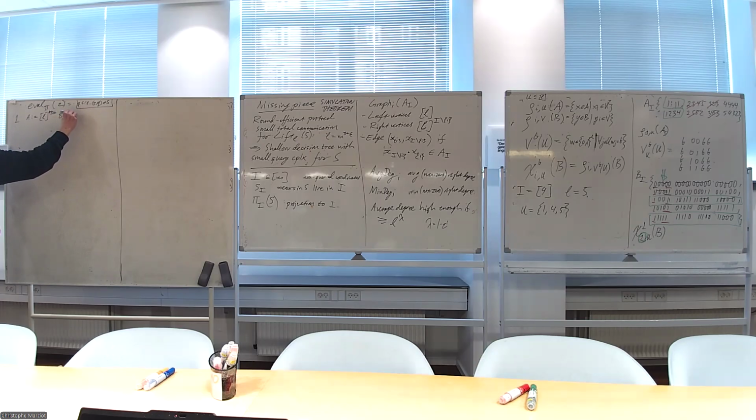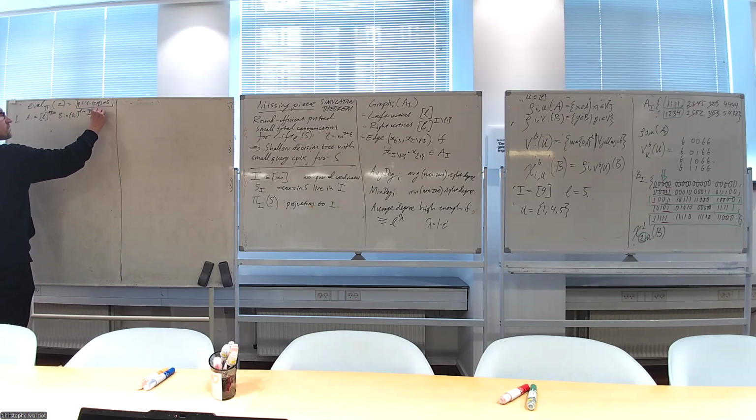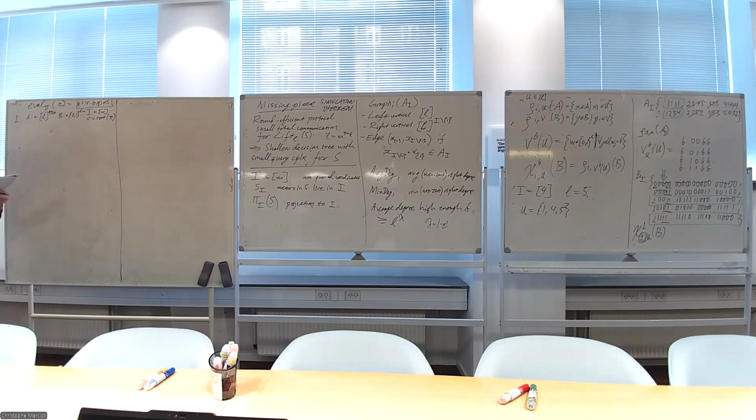So 0, 1 to the LM. We have not queried anything. And we start at the root of the protocol tree. Okay?